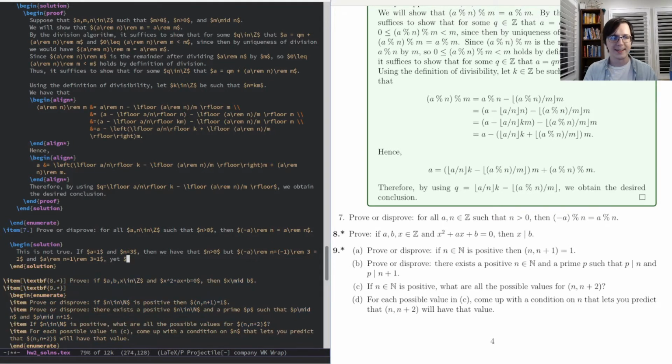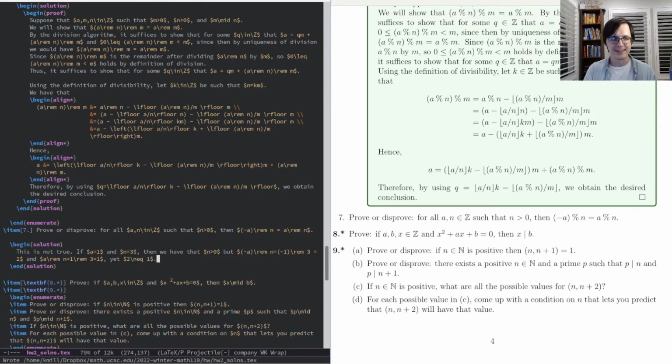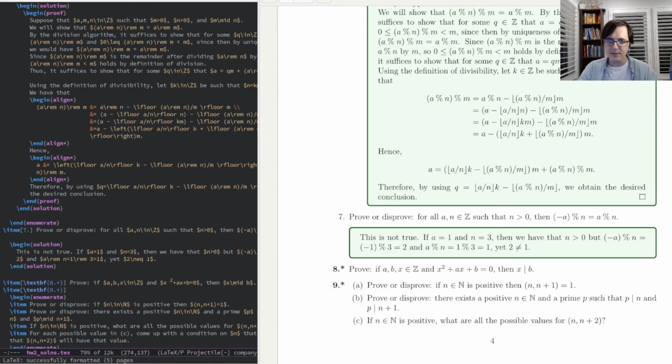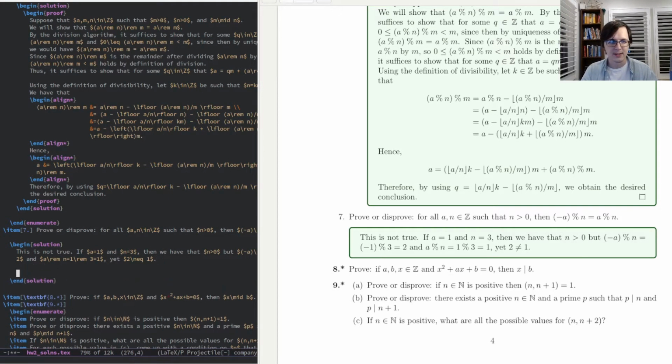Let's just point it out, yet 2 is not equal to 1. Okay, that's a disproof.